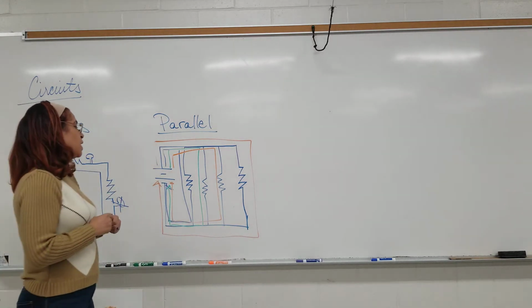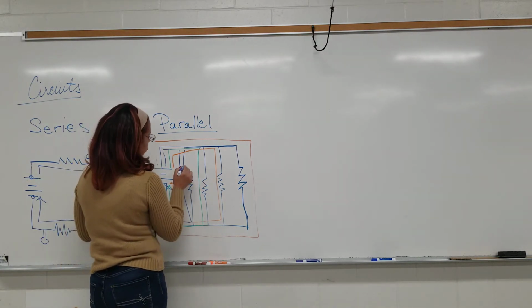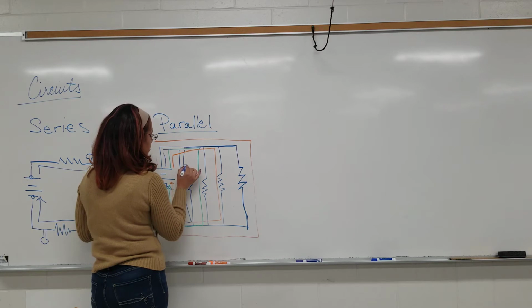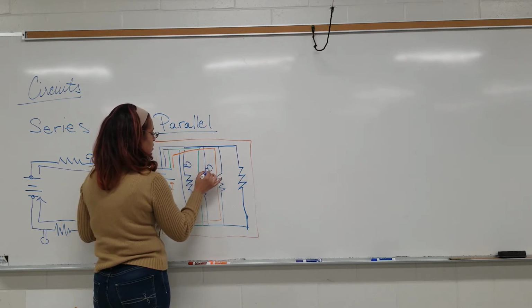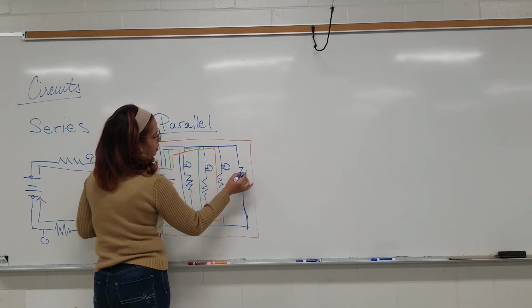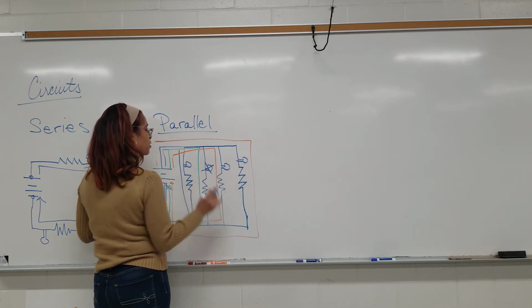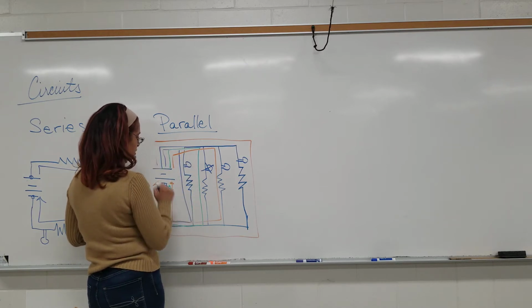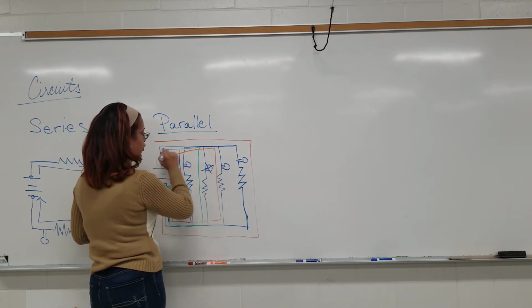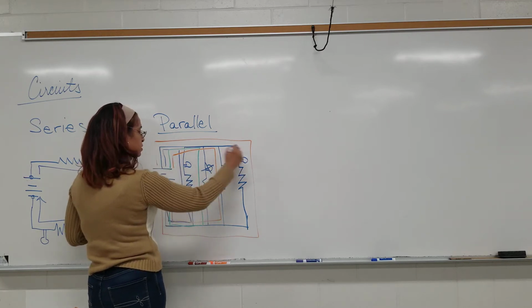So what does this mean? Well, if we have our bulbs, let's say here, here, here, and here, and let's say this bulb goes out, well, this bulb will still connect this way, this bulb will still connect this way, and this bulb will still connect this way.